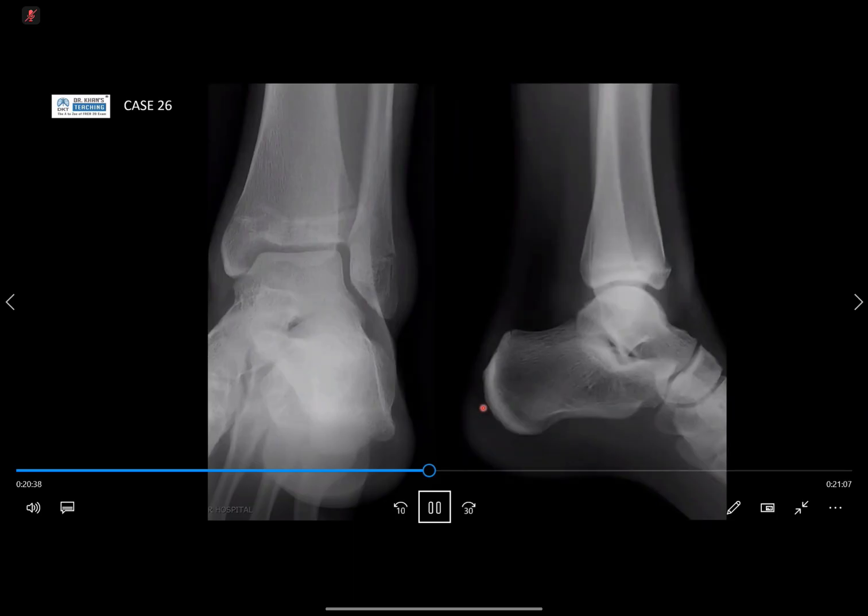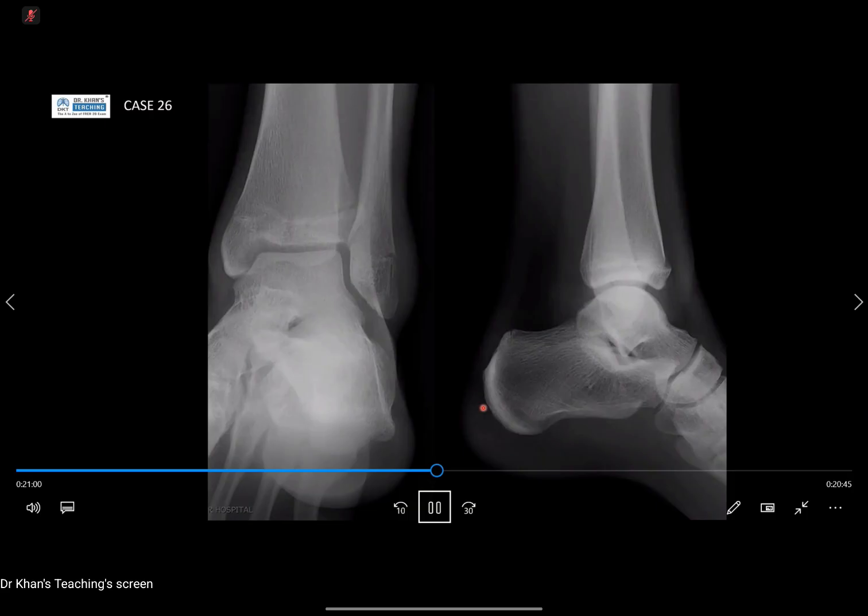So I will give you a history. While running, fell over and twisted ankle. So frontal and lateral radiograph of the ankle joint. The fibula and tibia are seen.